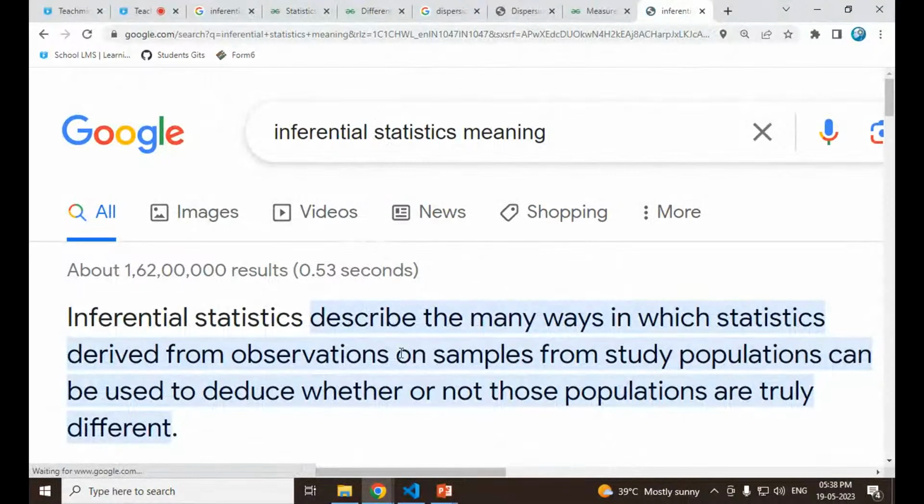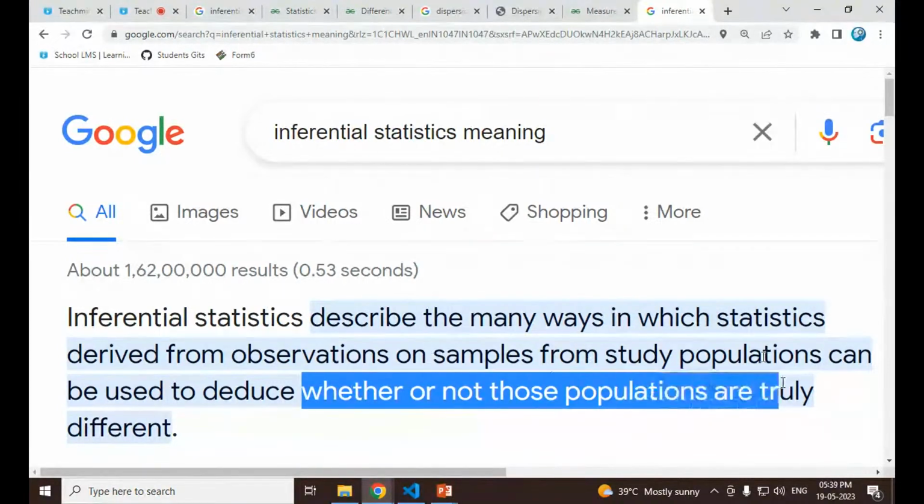What does it say? It describes the many ways in which statistics derived from observations on samples in the population, from study populations, can be used to deduce whether or not those populations are truly different or the same.